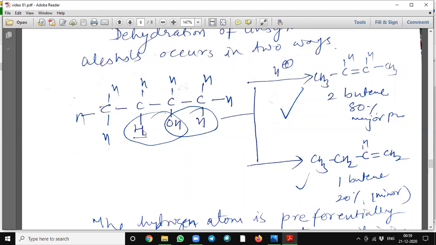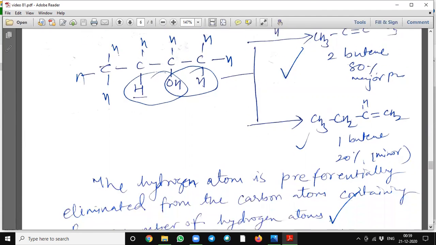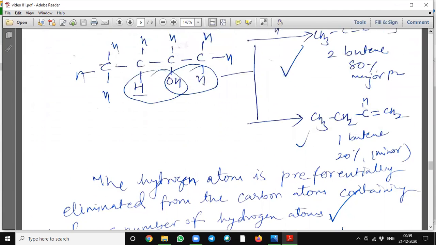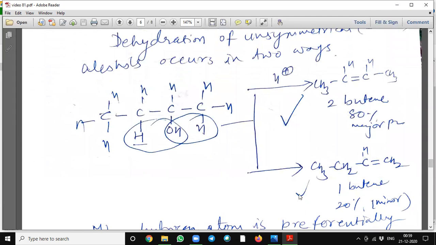So it will be eliminated from this adjacent carbon. Moreover, the other concept is that when it is eliminated, it will form the carbocation which is more stable. Secondary is more stable compared to primary.